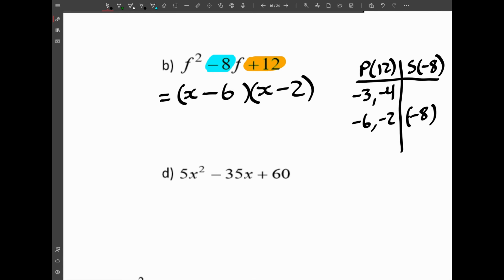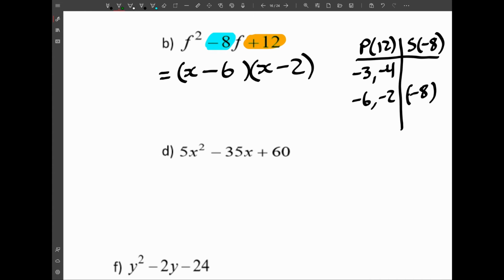I'm not going to do it every time, but another way we can check our work is with our grid. So in our grid, we've got f squared, we've got 12, and the two factors we are trying to test out, which are f minus 6 and f minus 2. Let's see if they work. I definitely meant f this entire time. Whoops, my bad. I get so caught up with the f's. So, what I need to check here is that my f's all work out.